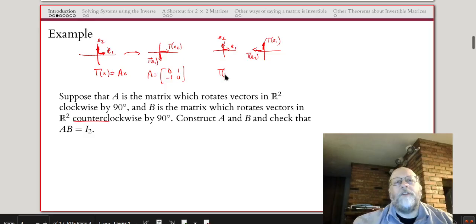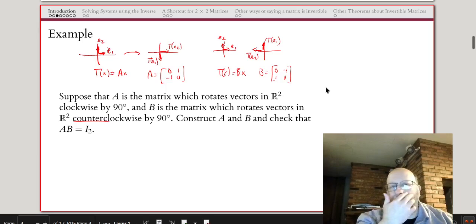That's the transformation given by matrix B. And so for matrix B, E1 is now pointing straight up, and E2 is pointing to the left. And that's what B looks like.